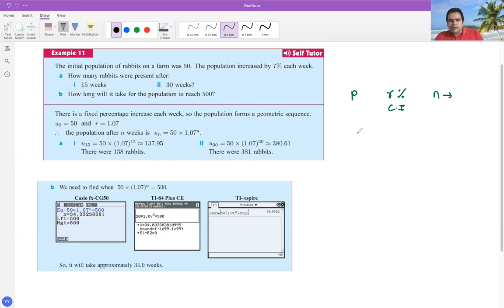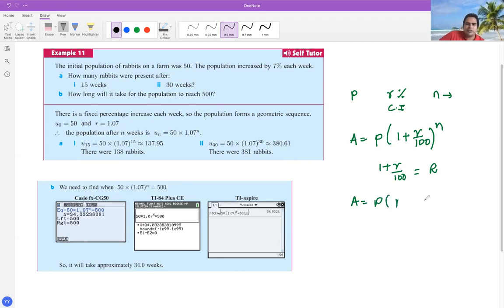When you find out the total amount that will be in the bank account, suppose you deposited P, it'll be P times (1 plus R upon 100) to the power N after N complete years. Now, if I take 1 plus R over 100 as, let's say, the capital R, or the ratio, you will be able to see that this amount is actually following a geometric series.